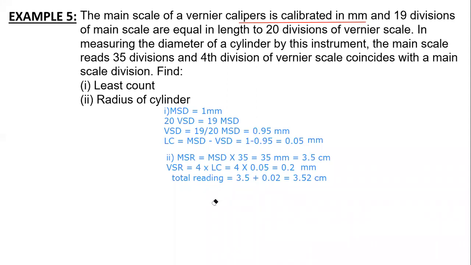It should be divided by 2. The final answer is radius, so you need to divide 3.52 by 2. Yes, the final answer is 1.76 centimeter. Correct. The smallest reading is 1 millimeter on the main scale. So the question is clear, calculation is clear.